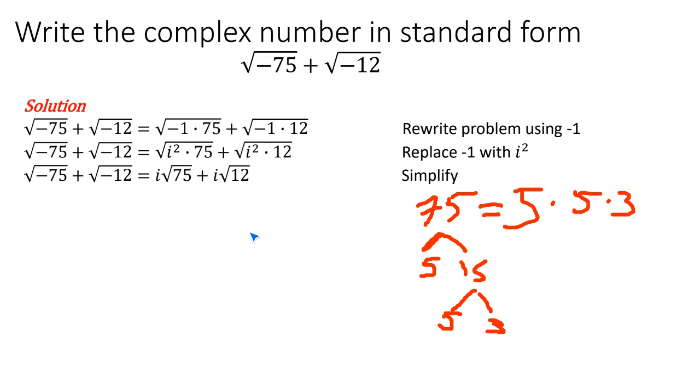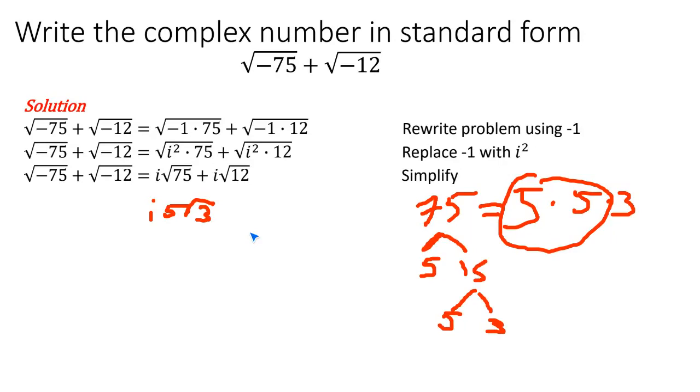And again, square roots is all about making pairs of numbers. So I see that I have a pair of 5s. So in reality, i square root of 75 can be written as i 5 square root of 3, which is what was left over.